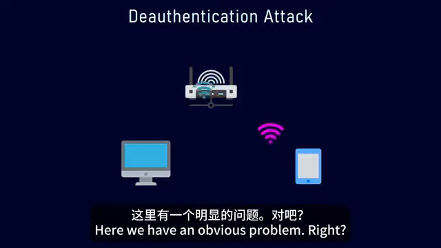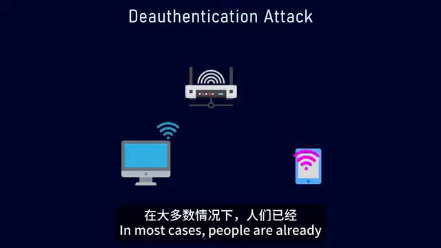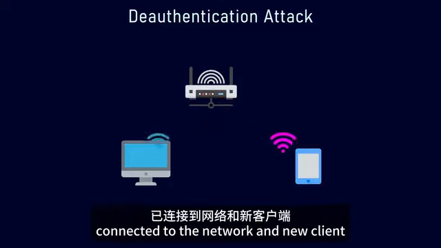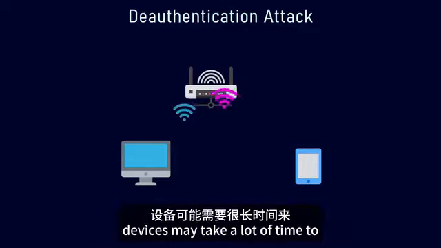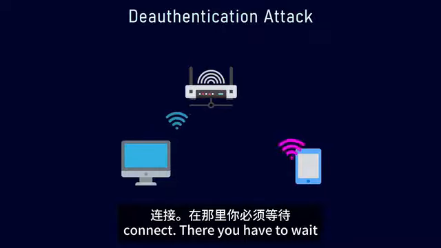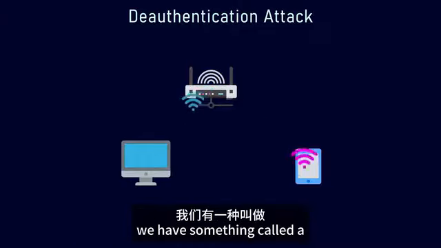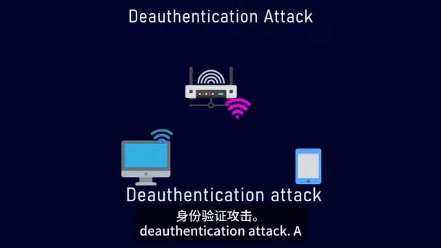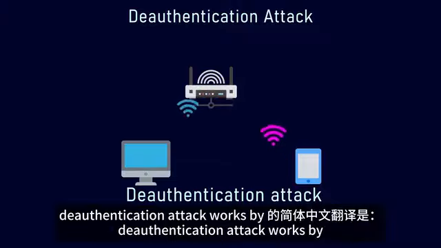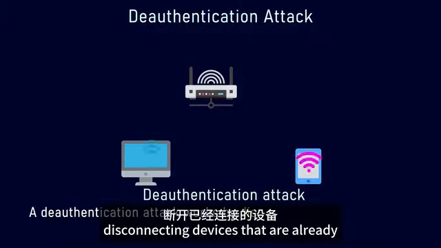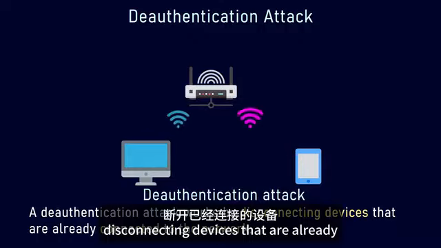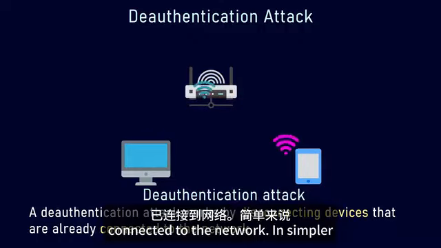Here we have an obvious problem, right? In most cases, people are already connected to the network and new client devices may take a lot of time to connect. There you have to wait patiently. Now, to address this problem, we have something called a deauthentication attack. A deauthentication attack works by disconnecting devices that are already connected to the network.